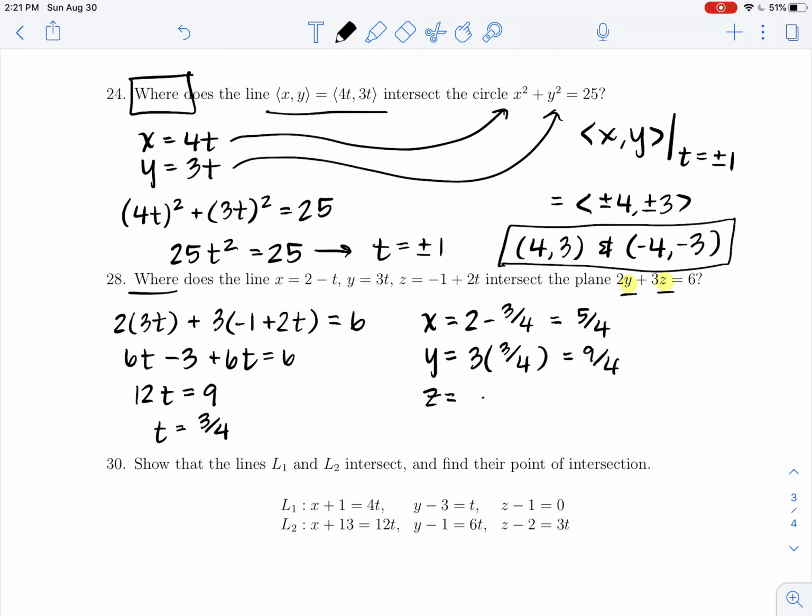And z equals negative 1 plus 2 times 3/4, so that's negative 1 plus 3/2, which gives me 1/2. So the point of intersection here is 5/4, 9/4, and 1/2.